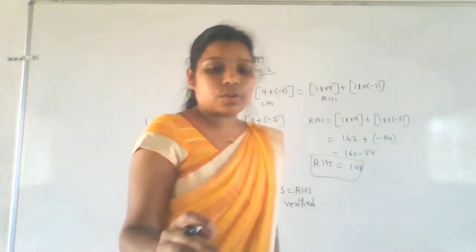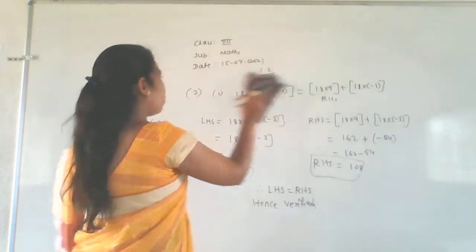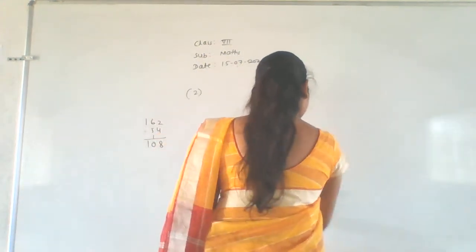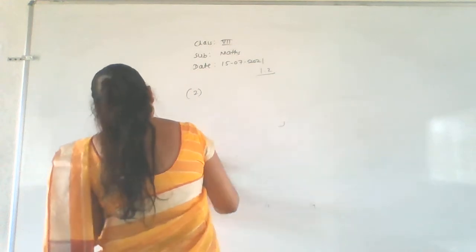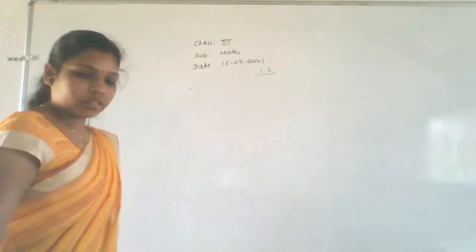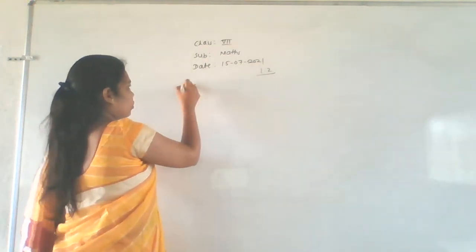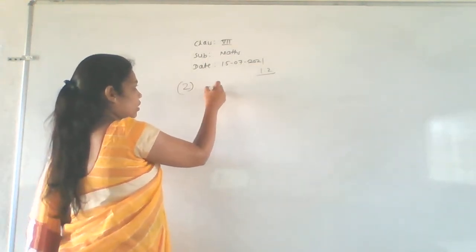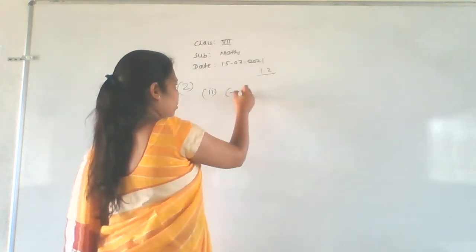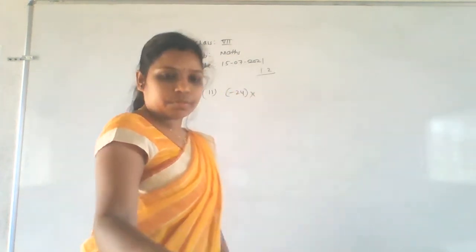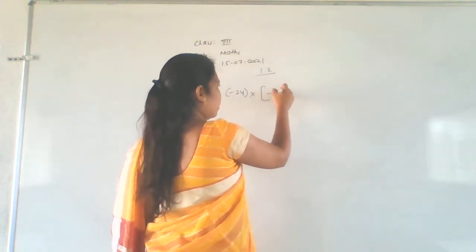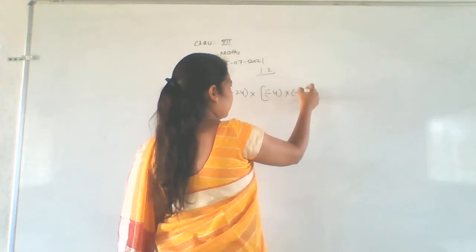Okay? So next we will go for the second one. What is the second problem here? In the second one, minus 24 into, in the bracket, minus 4 into minus 6 we have.